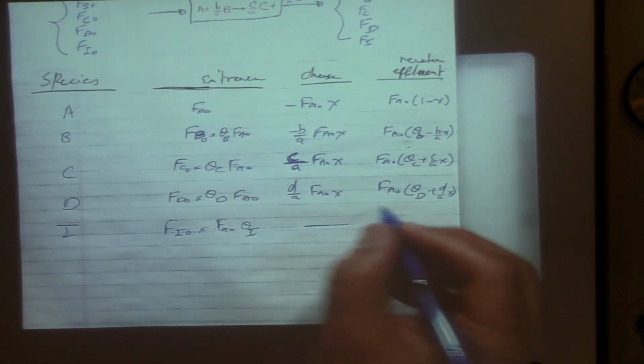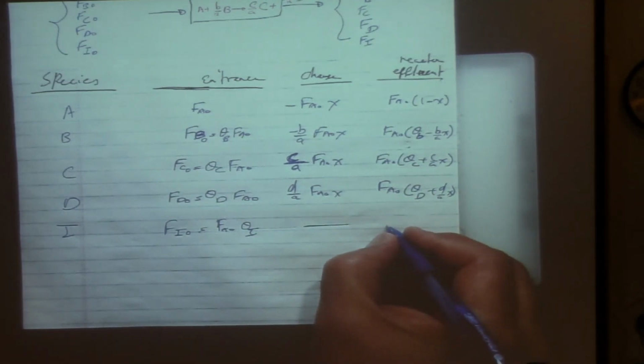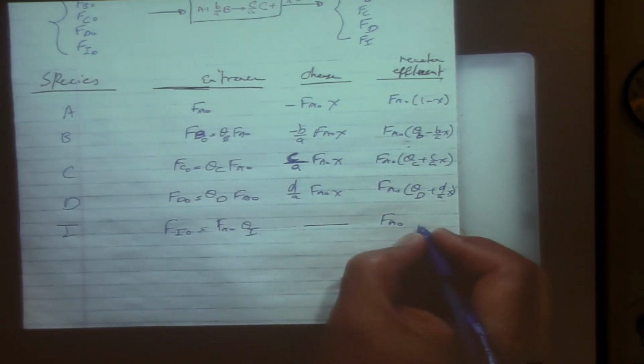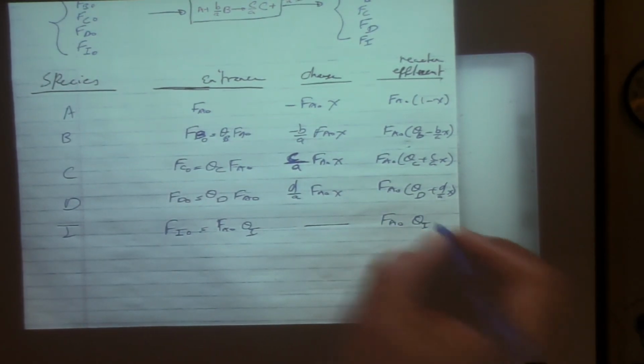Nothing. So the final value also is FA0 times theta I.